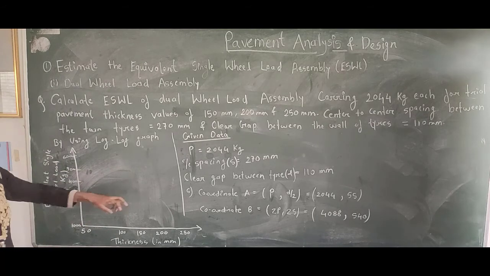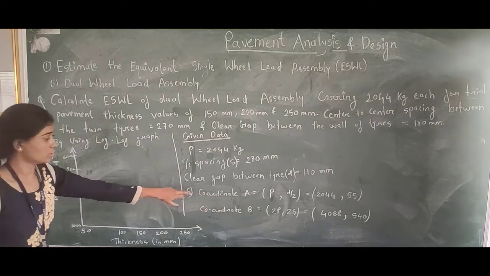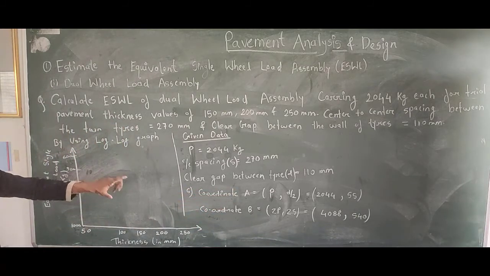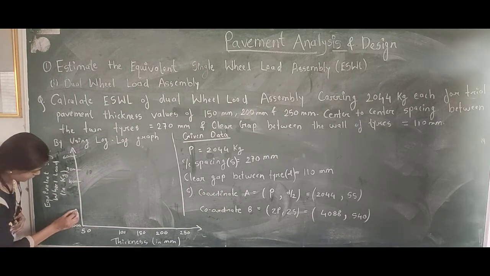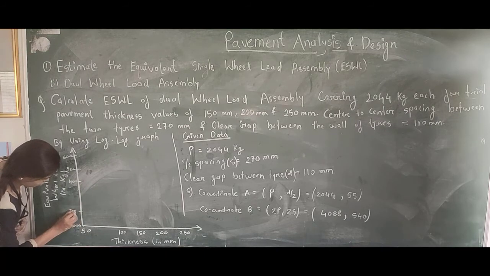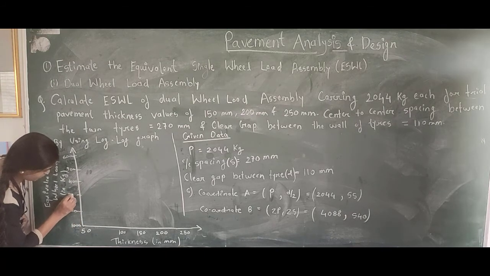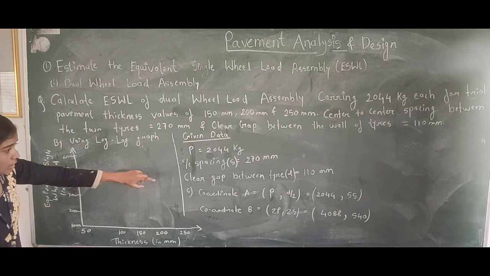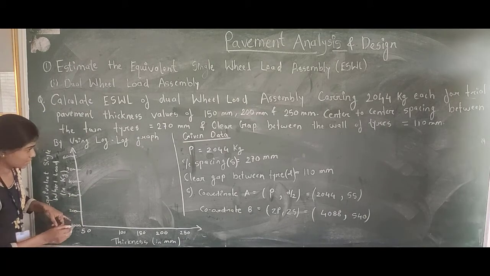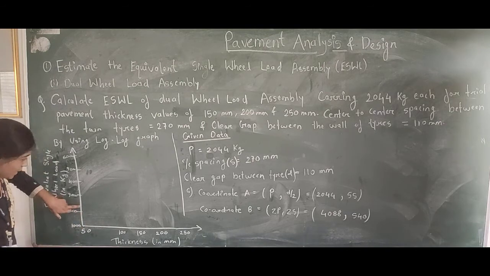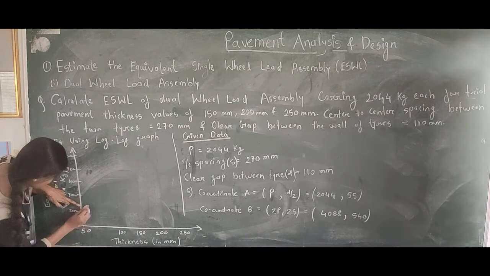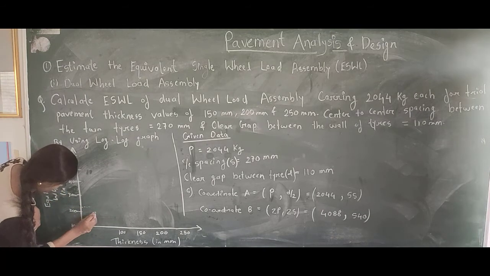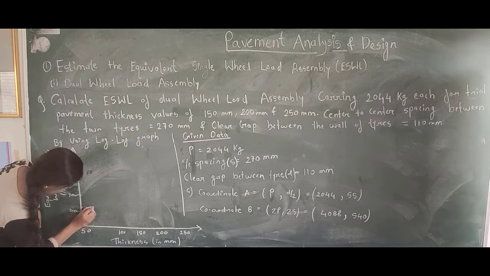So first we have to plot coordinate A and coordinate B. Coordinate A is P and D by 2. P is 2044. That means this is 1000, this is 2000, and this is 3000, so 2044 is around here, and the second point is D by 2, that is 55, which is here.